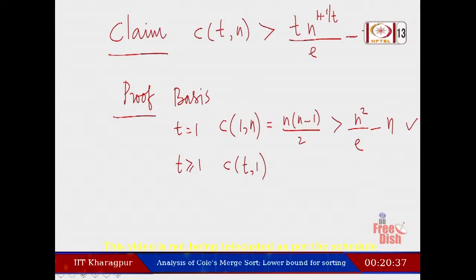If you have only one element to sort, you don't have to perform any comparison. Therefore, C(T, 1) equals 0 for all T greater than or equal to 1. So if you substitute n equal to 1 in our claim, we find that this is T by e minus T. So, these two will form the basis.